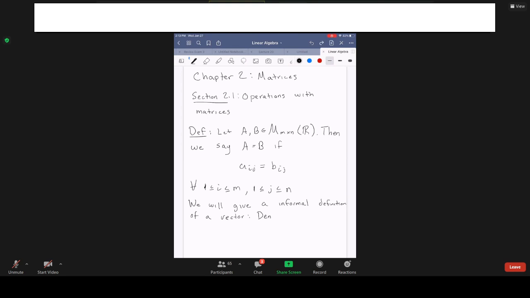A vector, we can say, is an m by 1 or 1 by n matrix, in which case we'll call a m by 1 a column vector and a 1 by n a row vector.